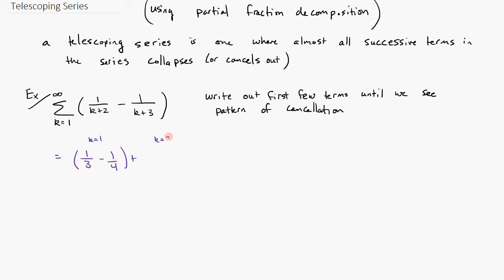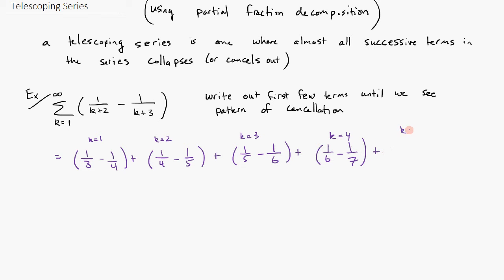And the k equals 2 term, 1/4 minus 1/5. And then the k equals 3 term, you get 1/5 minus 1/6. And then the k equals 4 term, you get 1/6 minus 1/7. And so on. You'll see the k equals 5 term, you start off with 1/7, and then this pattern will continue.